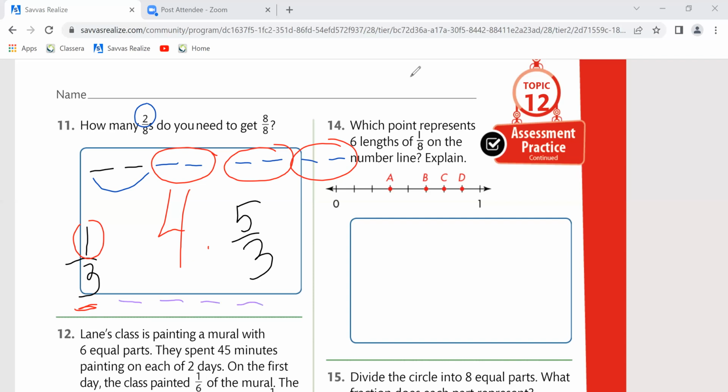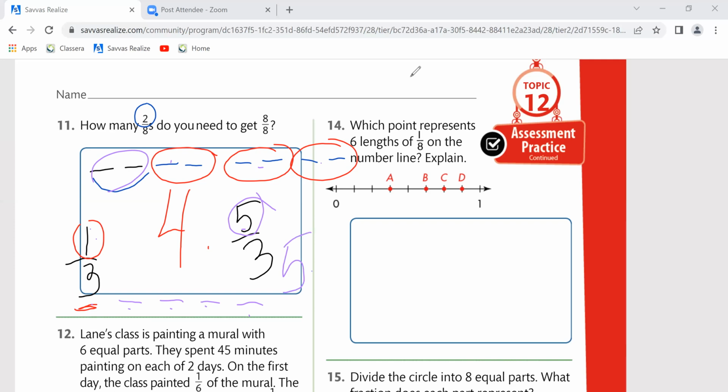So how many times to get to 5? This one we need to put 1, 2, 3, 4, 5 times to get to 5. These 2 we need to put 1, 2, 3, 4 times to get to 8. That's it. So here, how many times? 5. Write that example also.